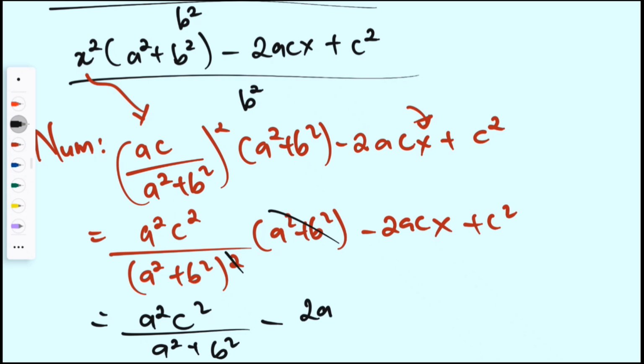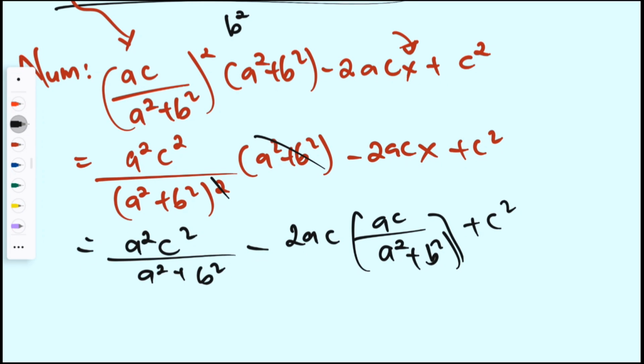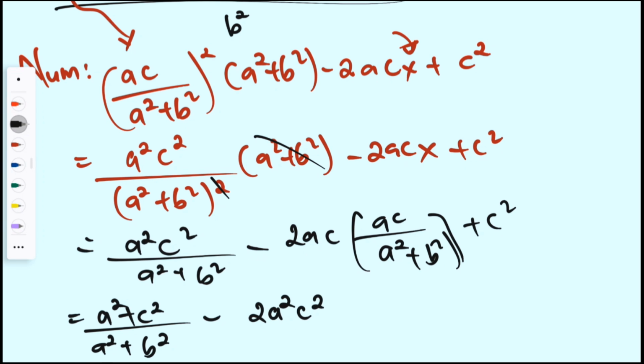Minus, okay, I can substitute x now. We have 2ac, x was ac over a squared plus b squared, plus c squared. That looks cumbersome, very, very cumbersome. This will be equal to a squared c squared over a squared plus b squared, minus 2a squared c squared, well, this is not a plus, okay?